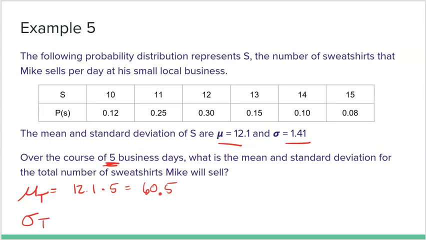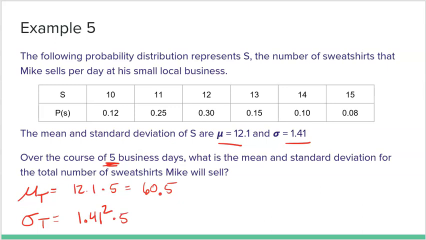What about the standard deviation? Please do not do 1.41 plus 1.41, or do not do 1.41 times 5, because remember, multiplication is repeated addition. You're not allowed to add standard deviations. So what I have to do is take the 1.41 squared. There's my variance. Again, don't actually square it, just put a square on it. Now you got variance, and I got 5 days worth of variance.